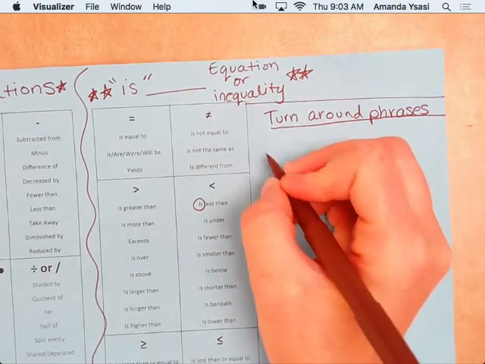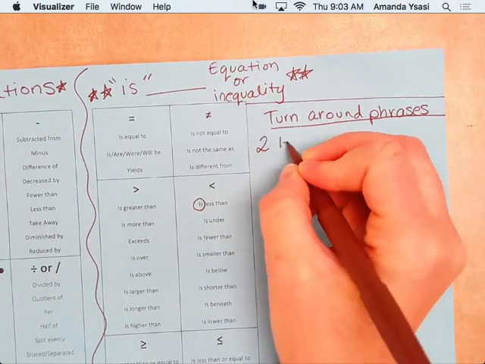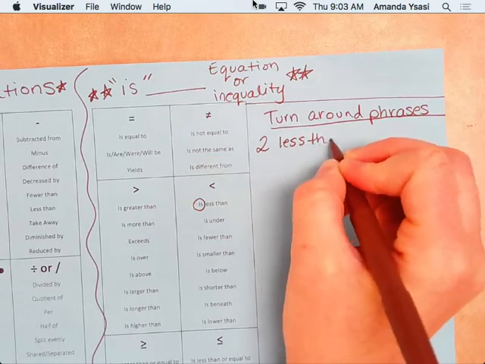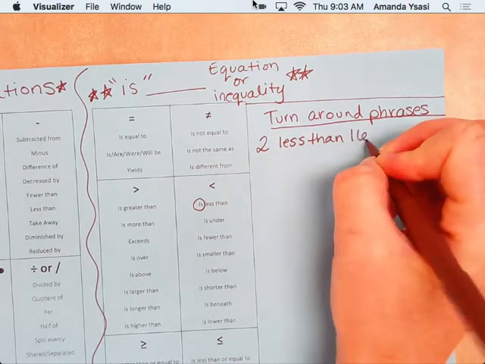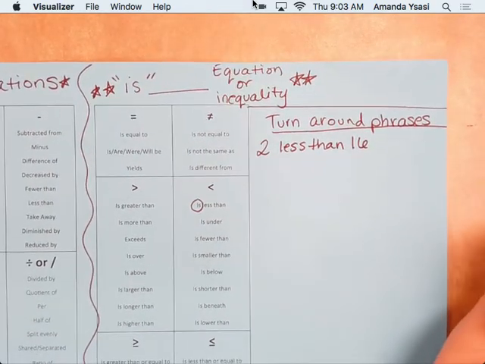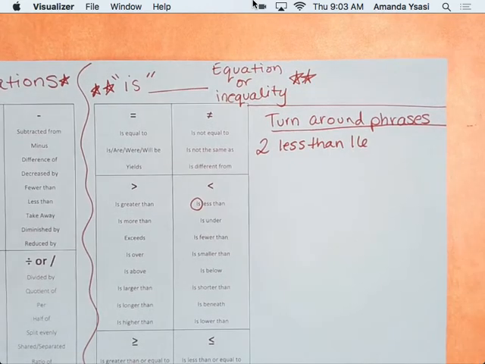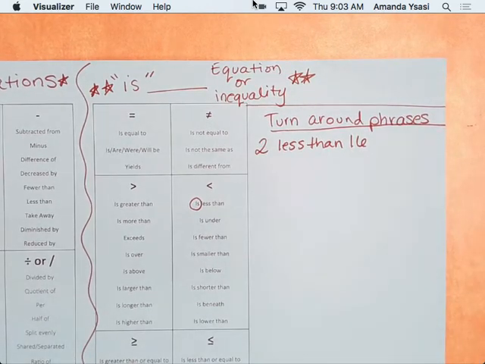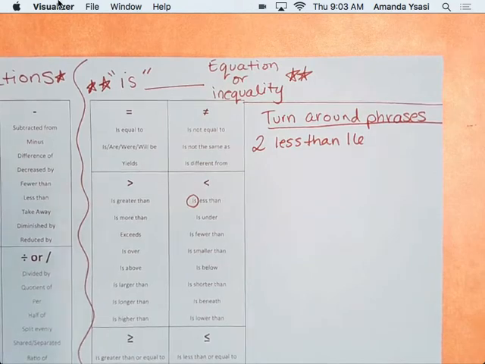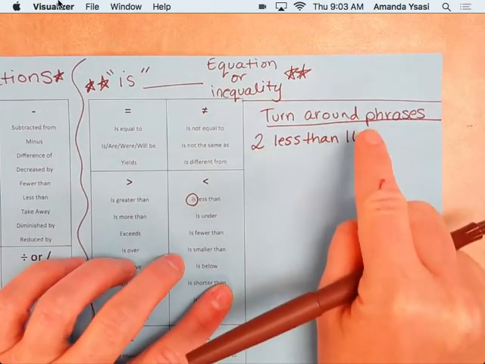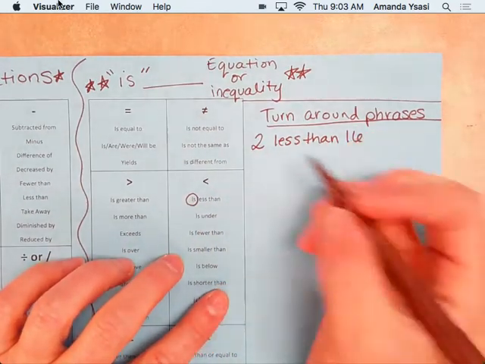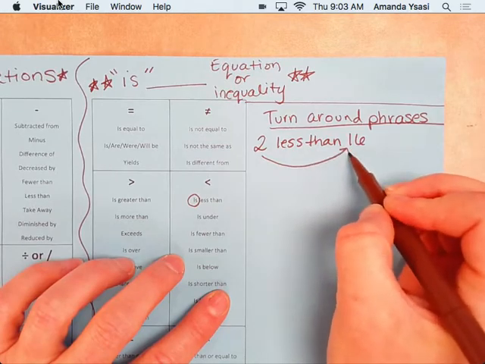2 less than 16. When you have a number less than another number, that means you're going to turn these around.